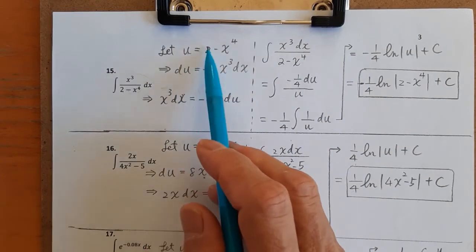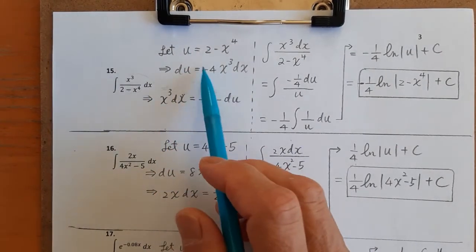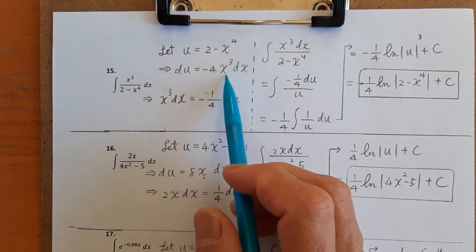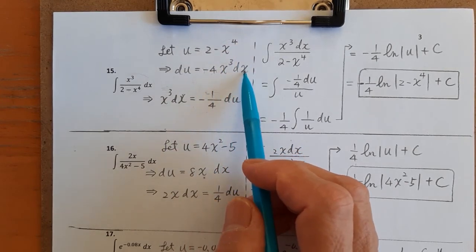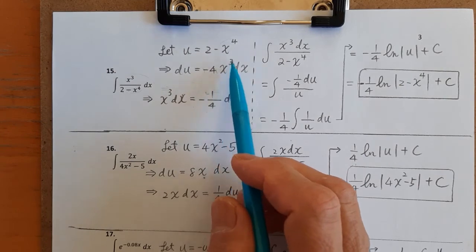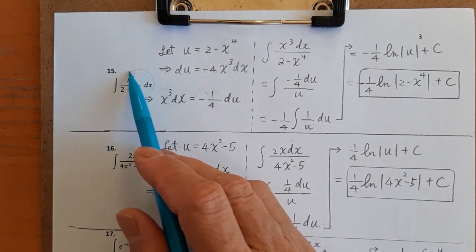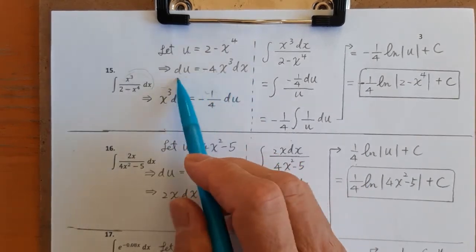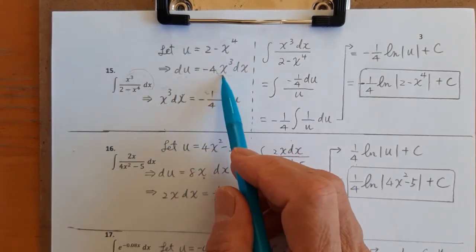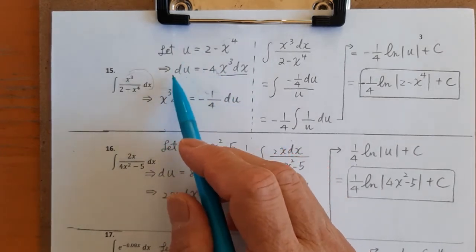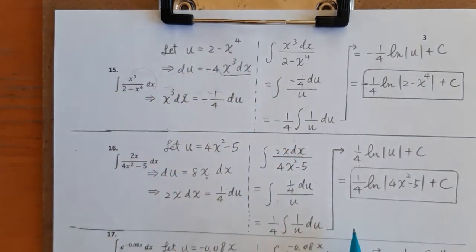Take derivative. 2 take derivative is 0 minus 4 go from, and 4 minus 1, x cubed dx. So du equal negative 4x cubed dx. And here we want x cubed dx. So I divided by negative 4 both sides. So you got x cubed dx equal 1 over negative 4 du.